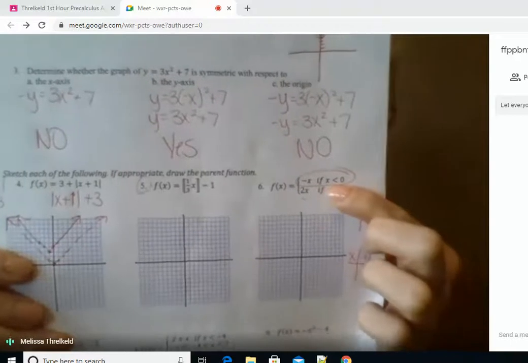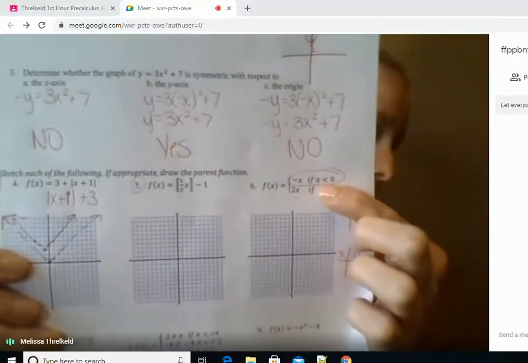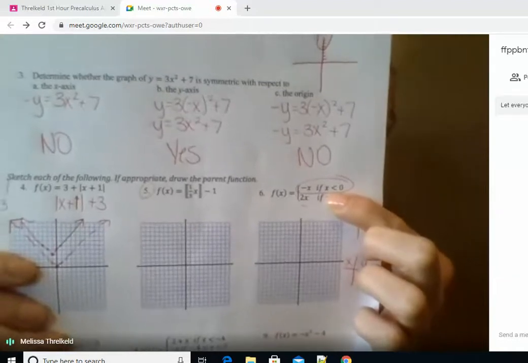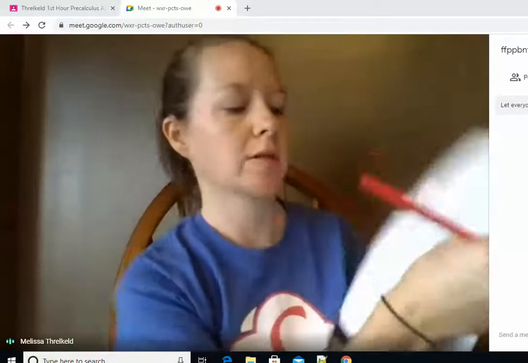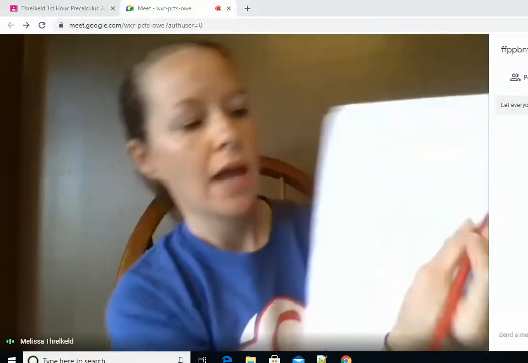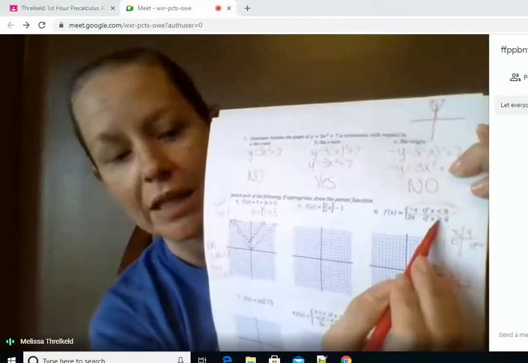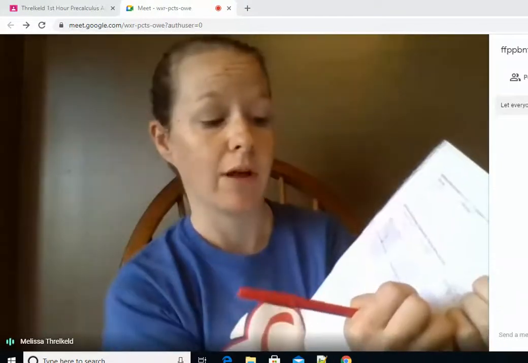I have to start by plugging in a 0. But because that wasn't an equal to, will it be an open or a closed circle? It'll be open. So I'm going to start with 0. It will be open. And then x has to be less than 0. So then you put things smaller than 0. So maybe -1, -2.